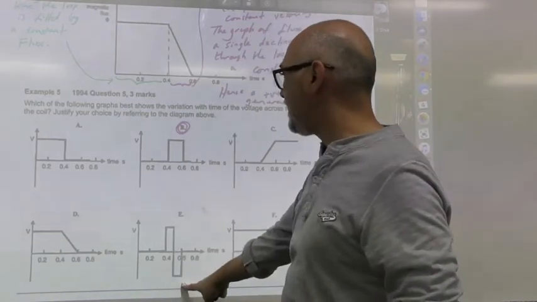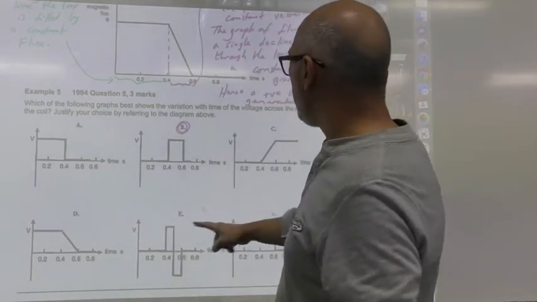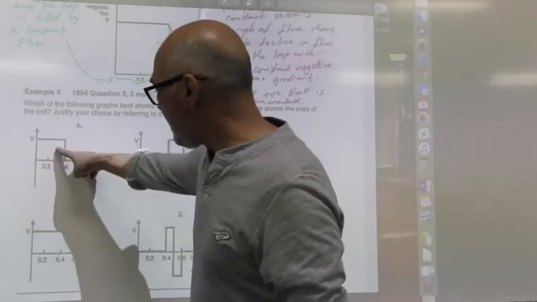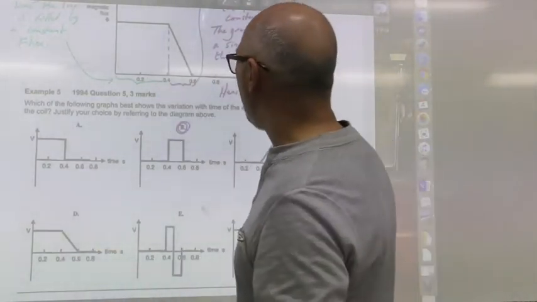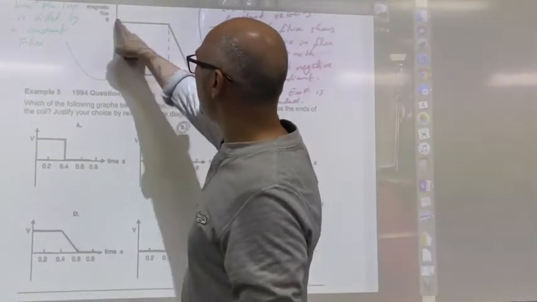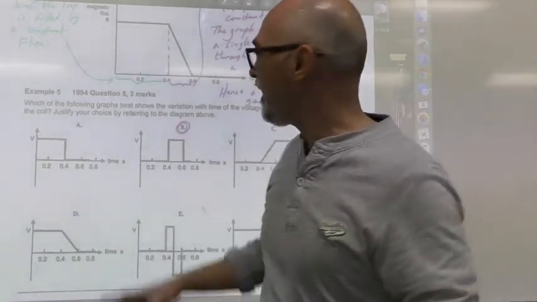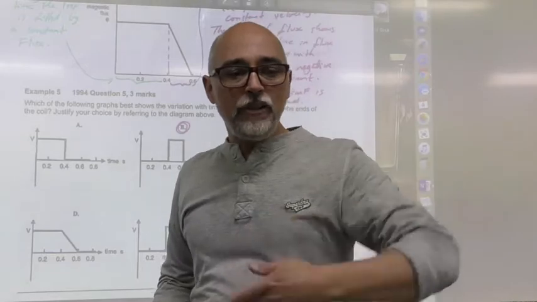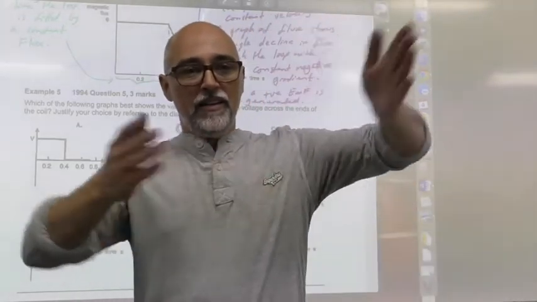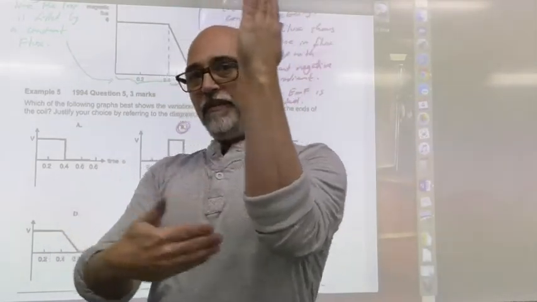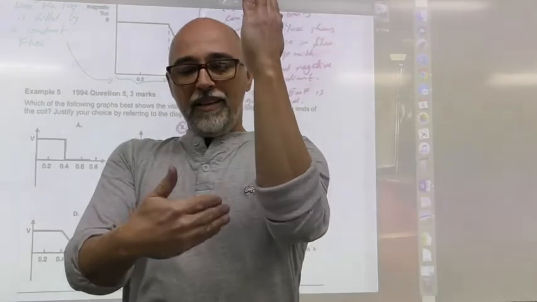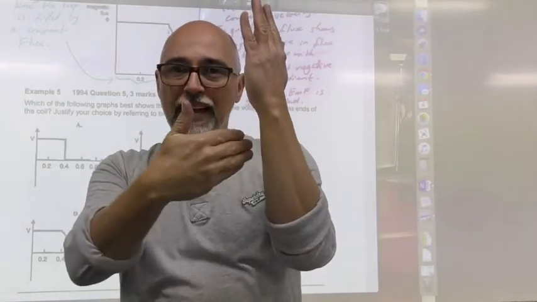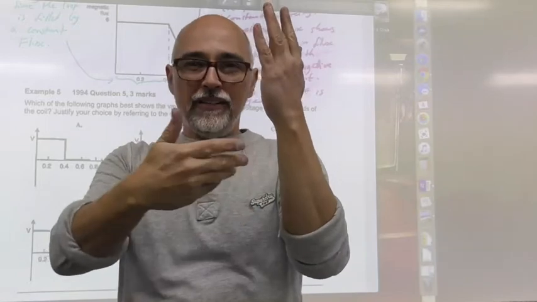So it can't be that. It can't be this or this or this either, simply because these imply you've got a voltage happening in here, even though for that whole time the entire loop is immersed inside the flux. So even if a loop is moving between two large magnets, the number of field lines entering that loop is the same as the number of field lines that are leaving it.